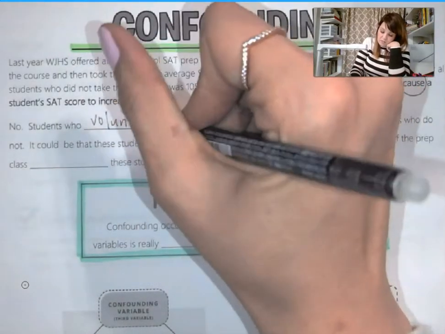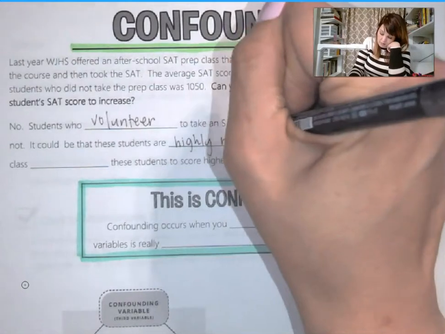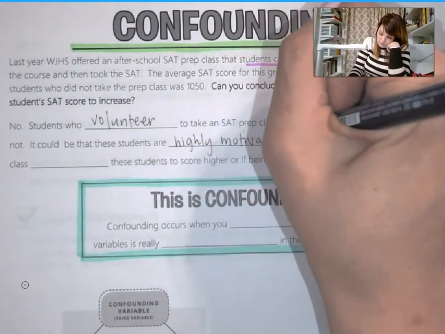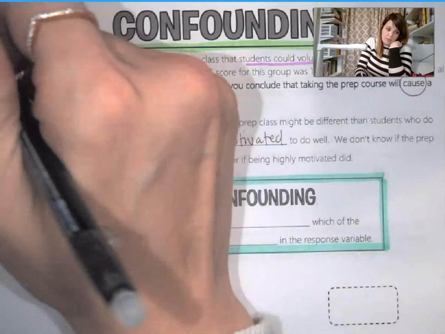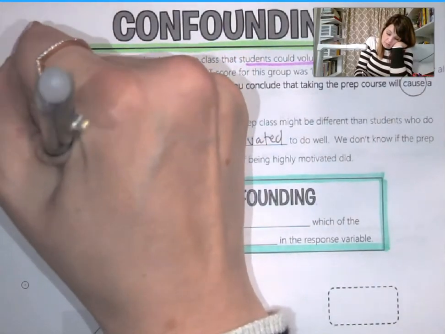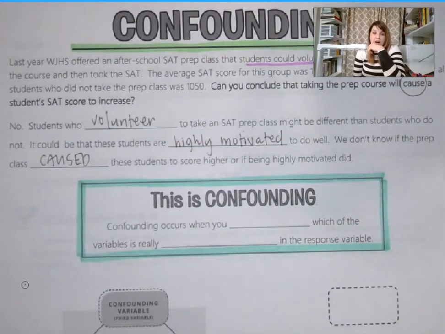It could be that these students are highly motivated to do well. We don't know if the prep class caused these students to score higher or if being highly motivated did.